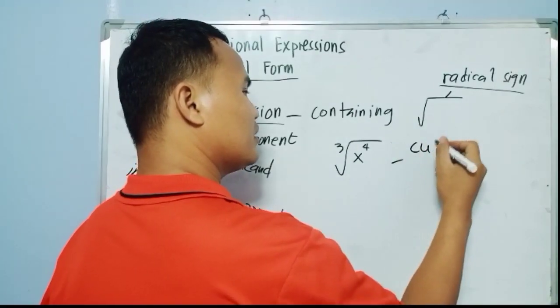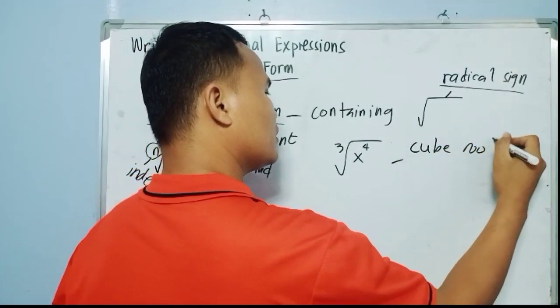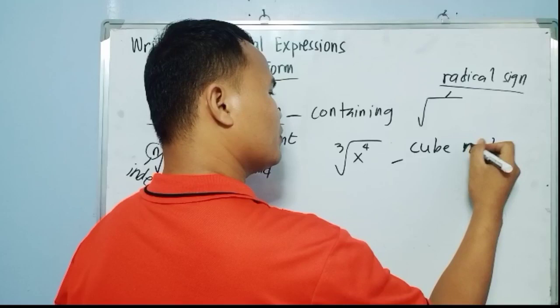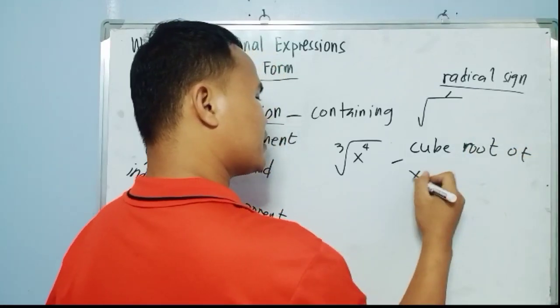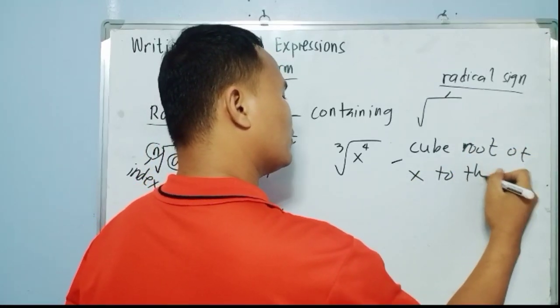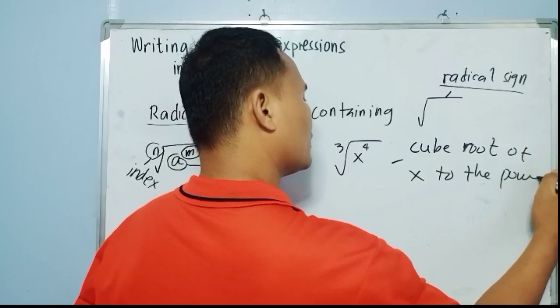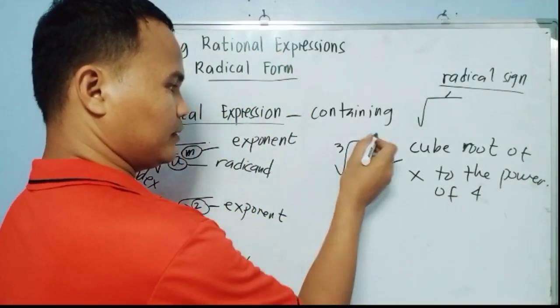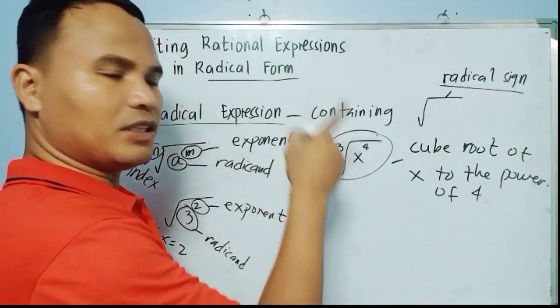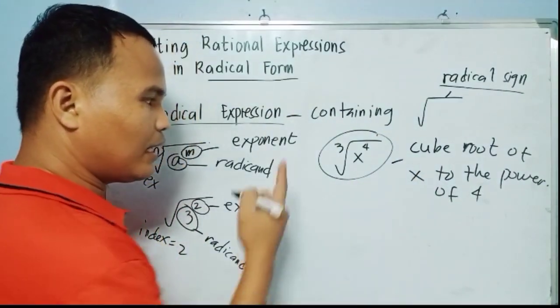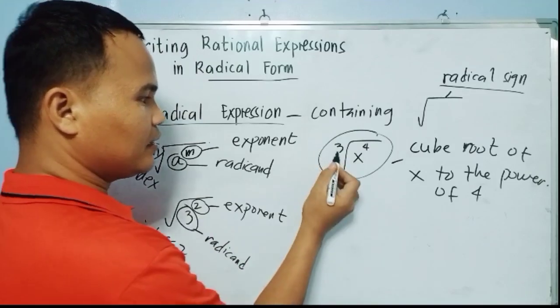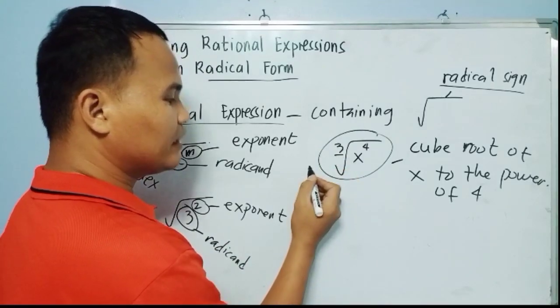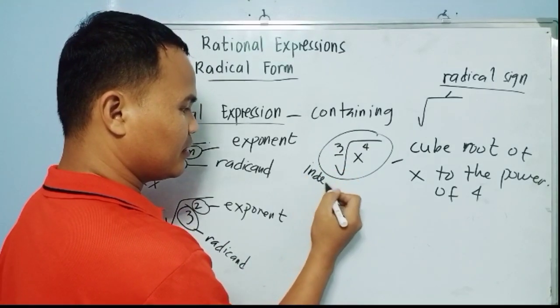So, ibasa, this is cube root of x to the power of 4. Now, in this radical expression, 3 is called the index.